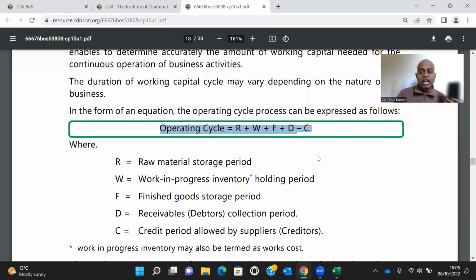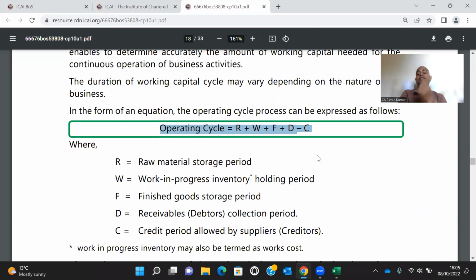For example, take one mobile phone manufactured today. The moment it is manufactured, next second it will not be sold, no? So the time gap between completion of production and sale of the good is called finished good holding period, because during this period you are holding finished good.